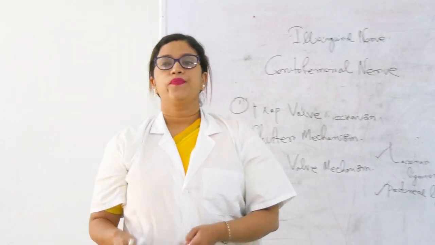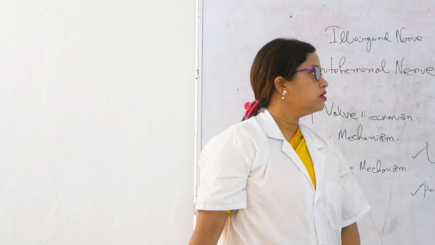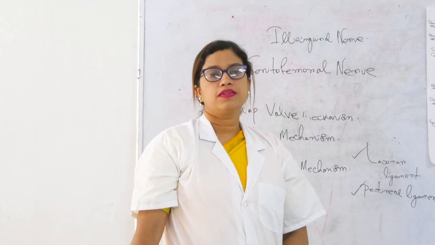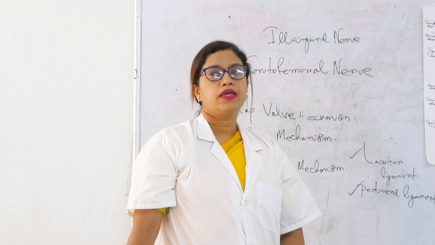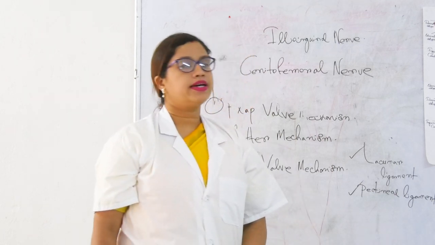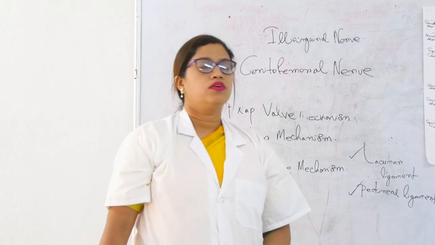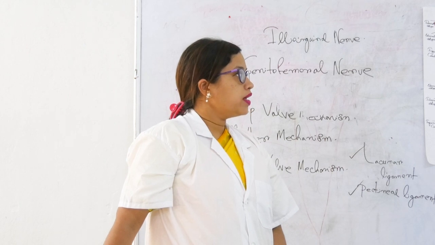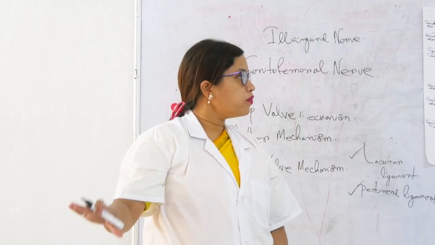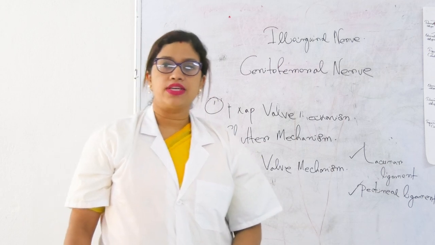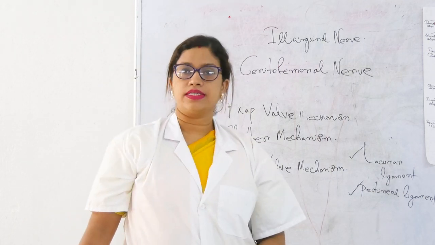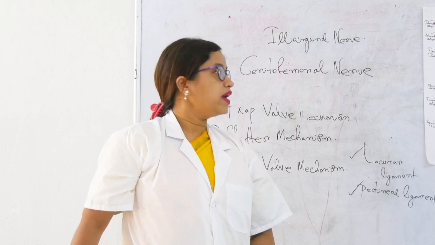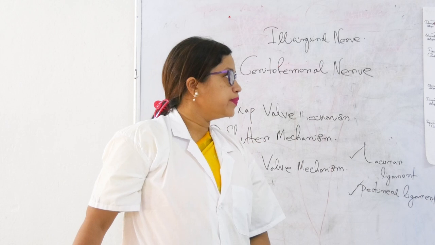Hesselbach's triangle, the boundaries are: medial boundary by rectus abdominis. Lateral boundary by external iliac vessels. And the base is by the inguinal canal.